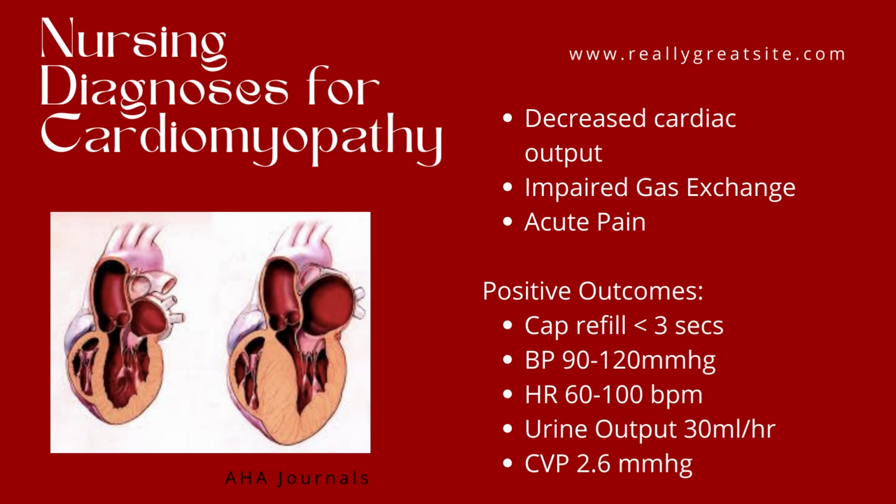Positive outcomes that we would be looking for in patients with cardiomyopathy. So, for us to see that the treatment is heading in the right direction, we want their capillary refill normal, which is less than 3 seconds, a normal blood pressure, so systolic from 90 to 120, a normal heart rate of 60 to 100, a urine output of at least 30 mLs an hour, or 0.5 mLs per kilogram per hour, I'm sorry.